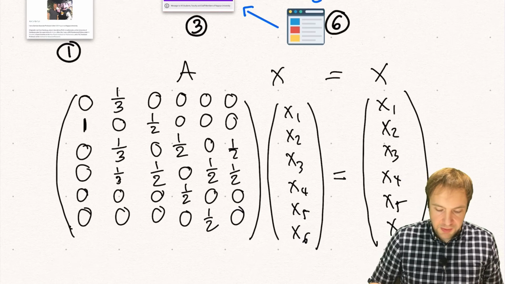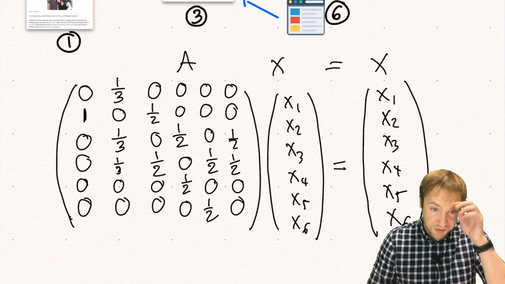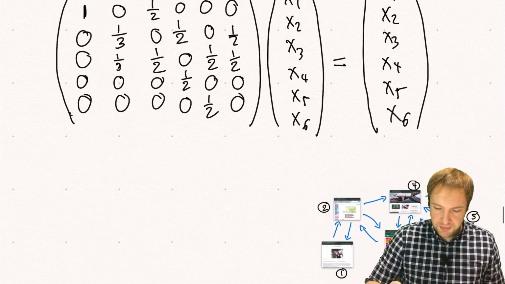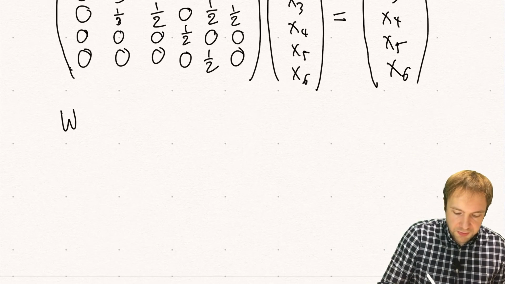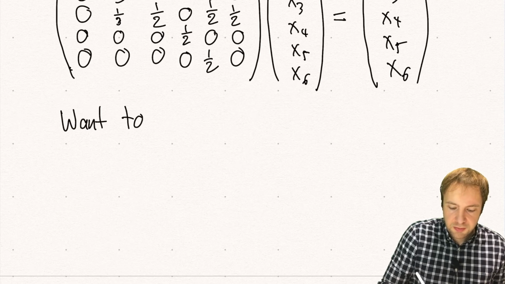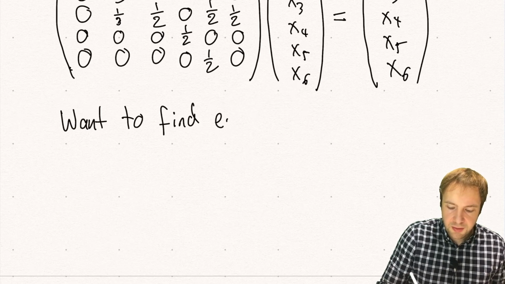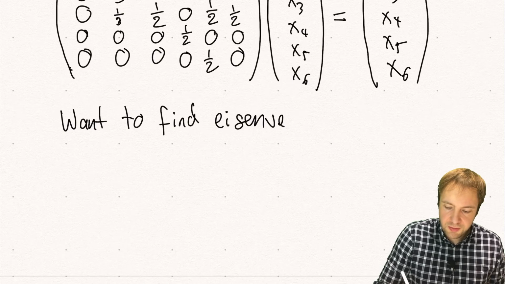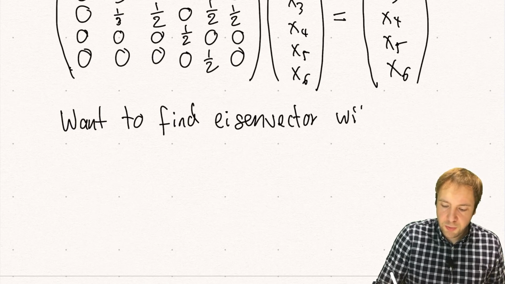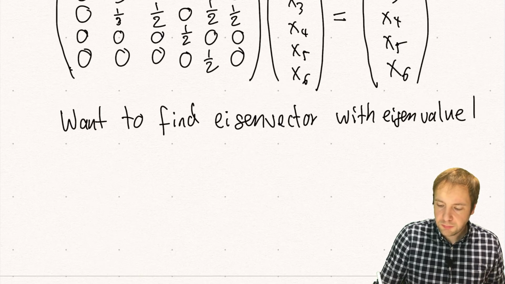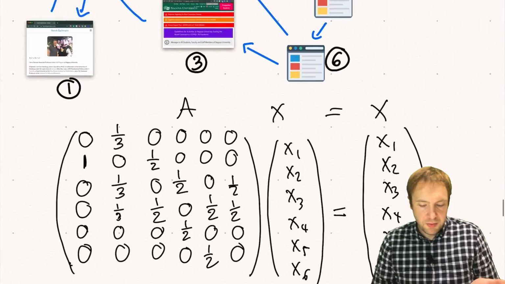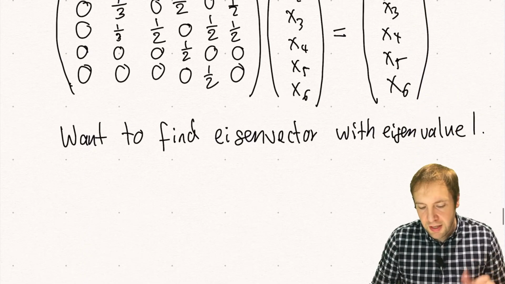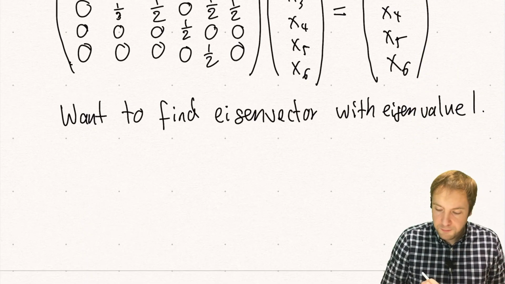And in this example here, so maybe now this I can delete. So we want to find an eigenvector with eigenvalue 1. And in this case, we are somehow lucky because this matrix actually has an eigenvalue 1.